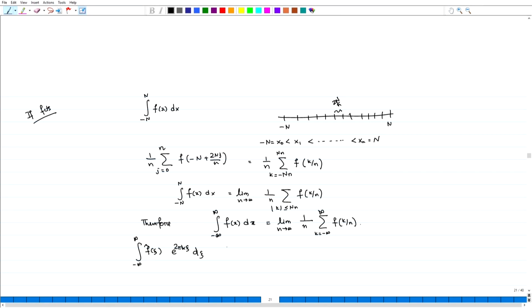By our previous observation, this tells us that this is the limit as n goes to infinity of 1 over n, summation over k from minus infinity to infinity of f hat of k by n and e to the power 2 pi i xi k by n.